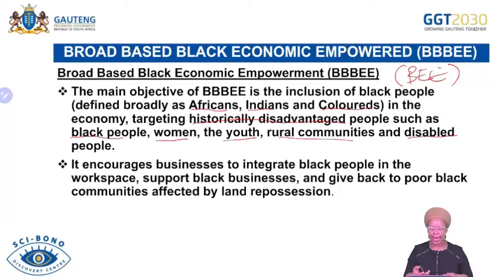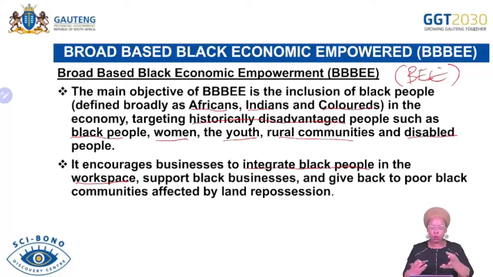It also encourages businesses to integrate Black people in the workspace. That is where I mentioned that by either making sure that they are skilled or they also hold top managerial positions. Previously, we know that the whites were the ones who mainly were holding top managerial positions, and they were also the main shareholders in most of the companies which are listed.